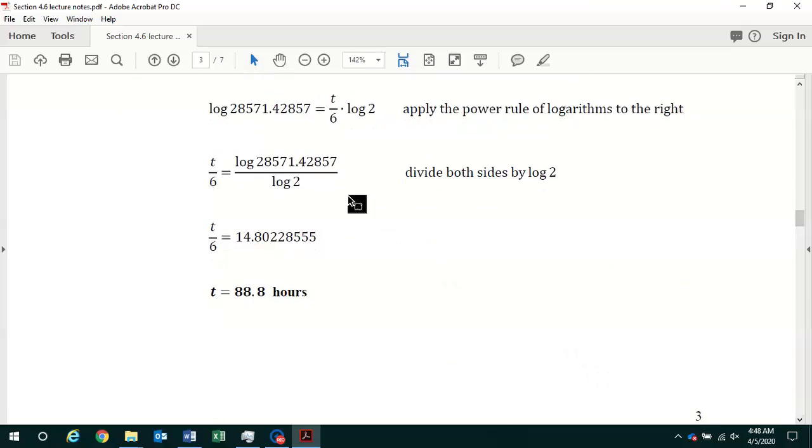Continuing on, using your calculator, the common log of 28,571.4 divided by the common log of 2 is equal to this number here, 14.80228555. And then in solving for t, multiply both sides by 6, and we get t is equal to 88.8 hours rounded to the first decimal place.